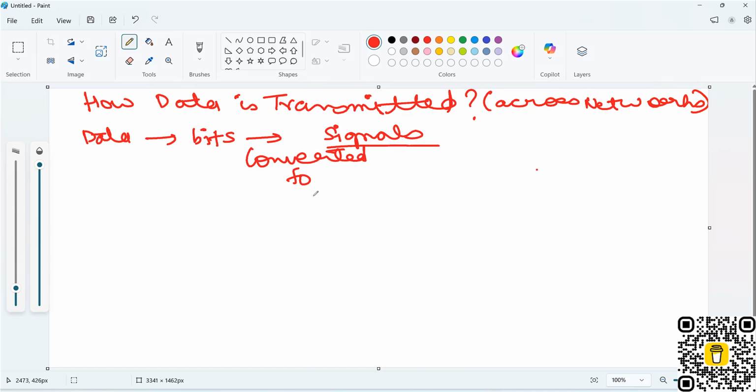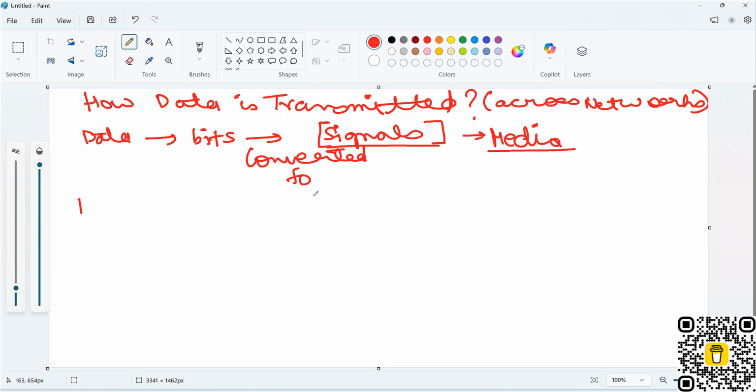So bits are converted to signals so that they can be sent across the network media to its final destination. And how is the signal transmitted? Signals are transmitted using various media. I'm going to discuss the various kinds of media available so that we can transmit a signal across a network.